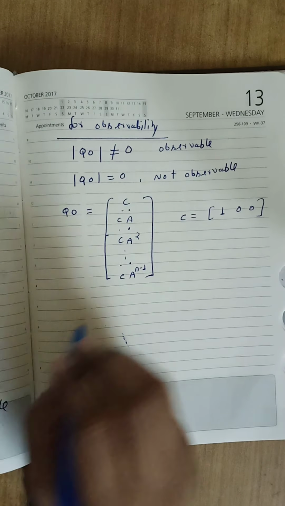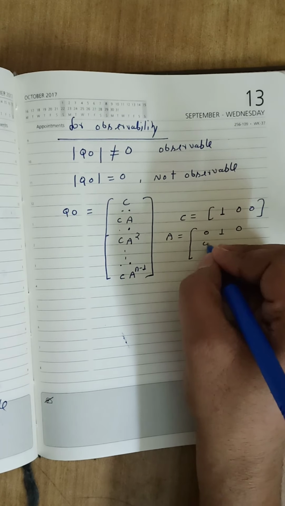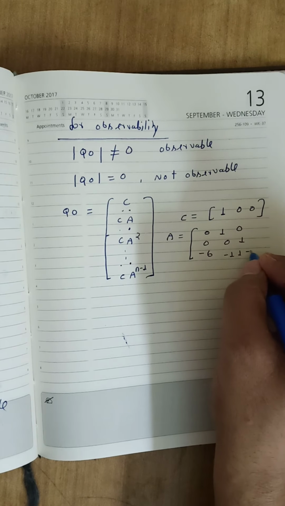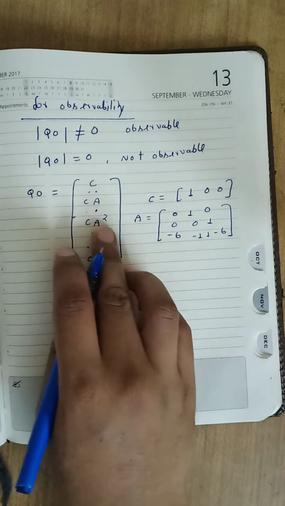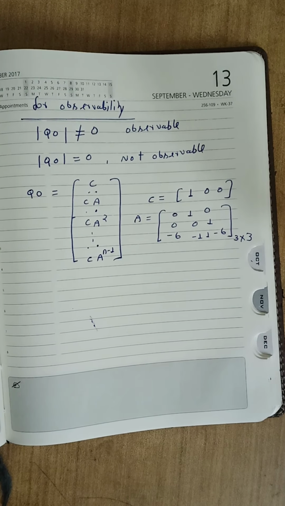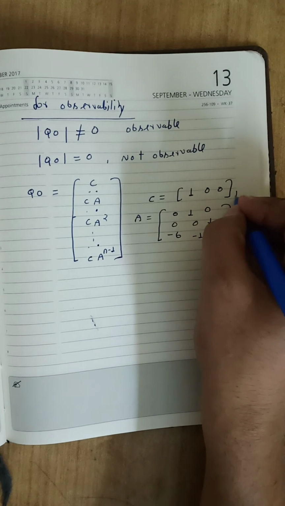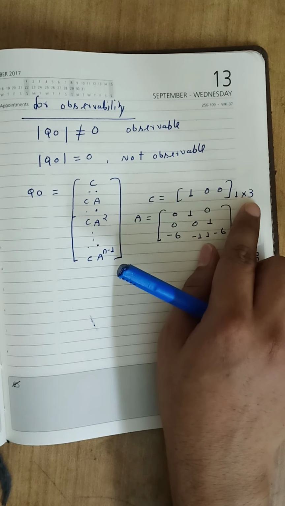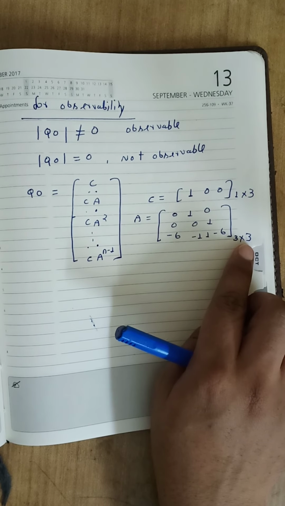Matrix A already we have defined, it is 0 1 0, 0 0 1, minus 6 minus 11 minus 6. Size of matrix A is 3 cross 3, and size of matrix C is 1 cross 3. That means in matrix C we have 1 row and 3 columns. In matrix A we have 3 rows and 3 columns.